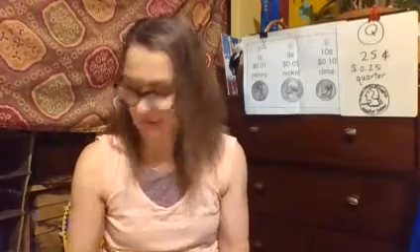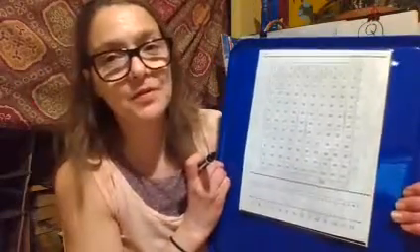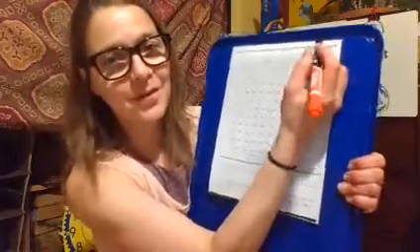We're going to skip count first. And I have my hundreds grid, so if you have a hundreds grid, you can use that as well. And you could count along. And with my hundreds grid, I like to mark my counts. And first we're going to count by fives, and we're going to go up to 100. Okay, ready? We're going to do it together. We're going to start on 0.